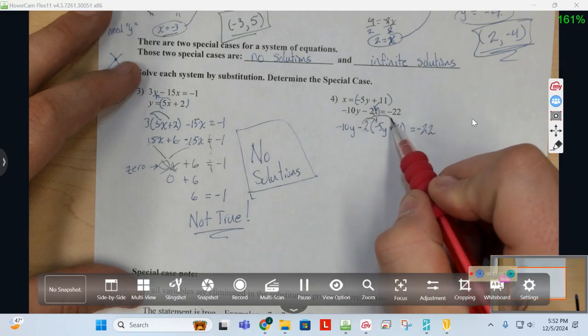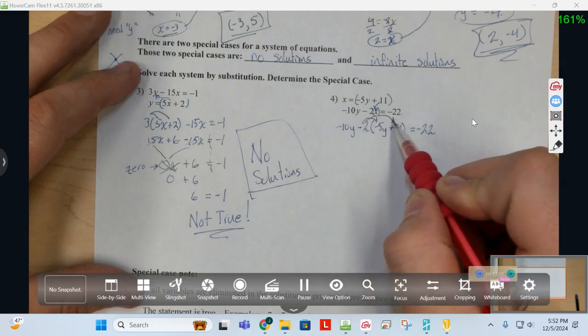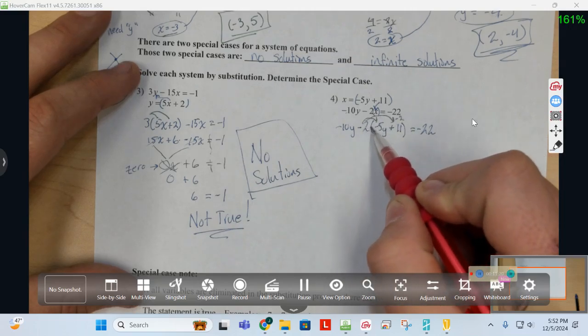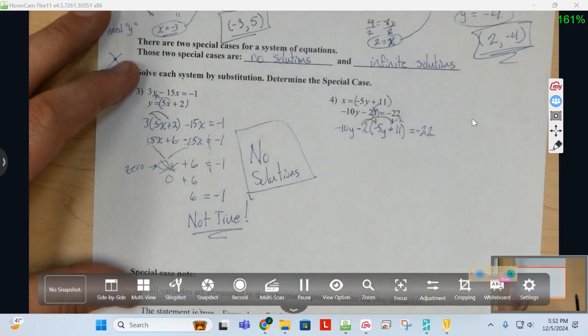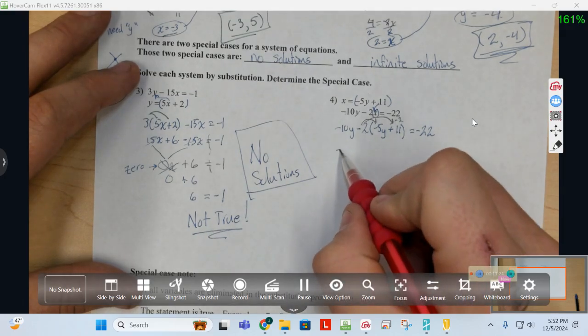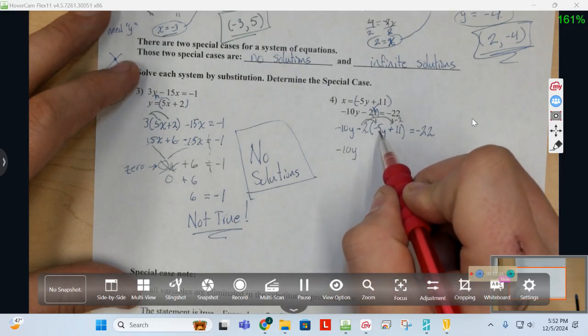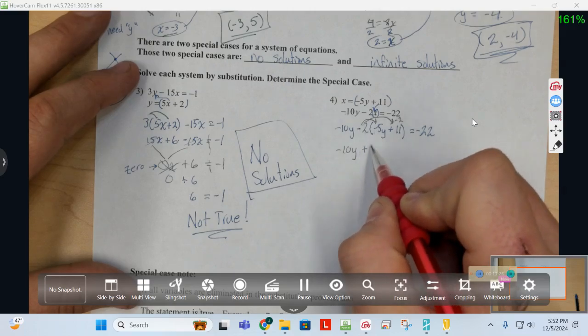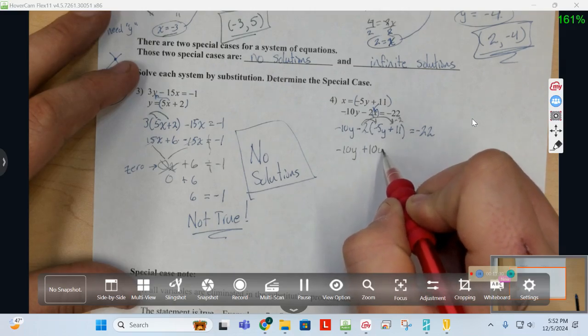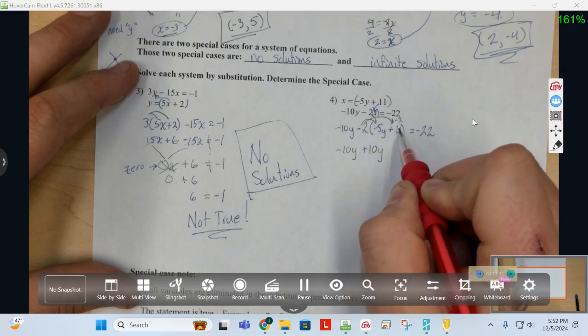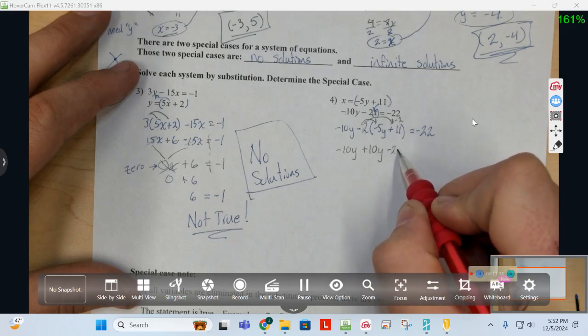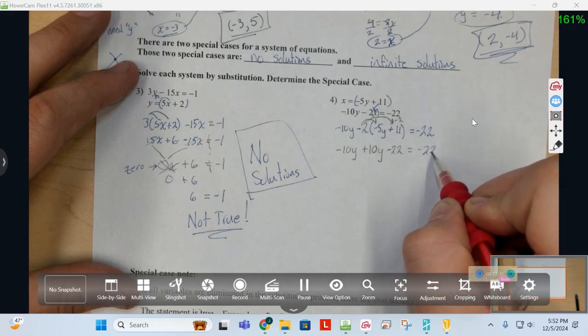If we distribute the -2, remember, when you carry, you're carrying the -2 to both the -5 and the 11. So we have now a -10y, -2 times -5, two negatives when multiplying makes a positive, positive 10y, and -2 times the 11 is -22, equals -22.